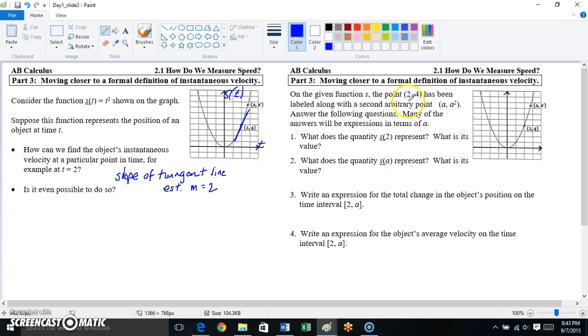Okay, on the function s, the point (2, 4) has been labeled along with an arbitrary point (a, a squared). That makes sense because if you plug a into the function, you're going to get a squared.